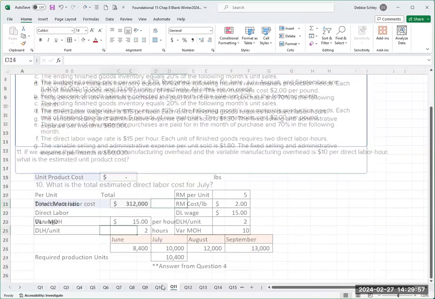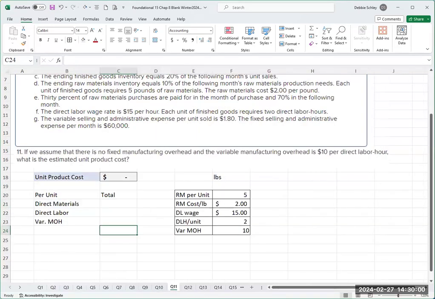Okay. Question 11. If we assume there is no fixed manufacturing overhead and the variable manufacturing overhead is $10 per direct labor hour, what is the estimated unit product cost?